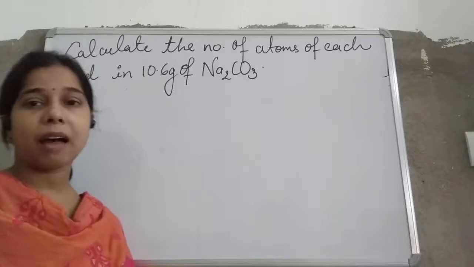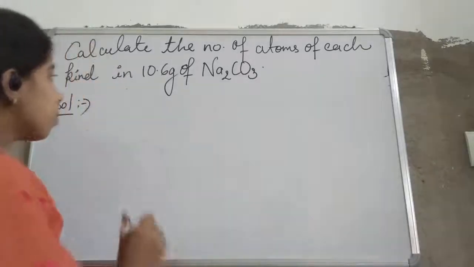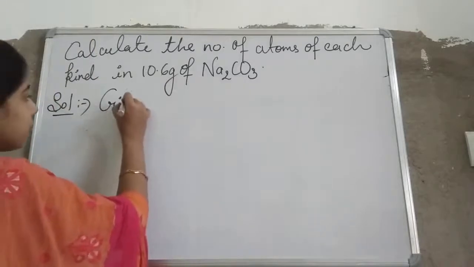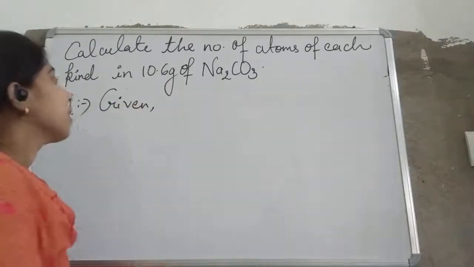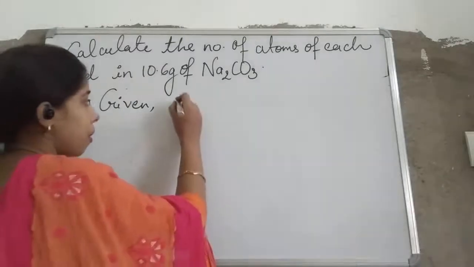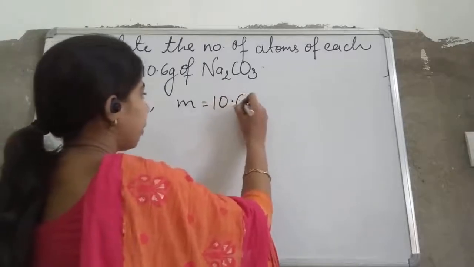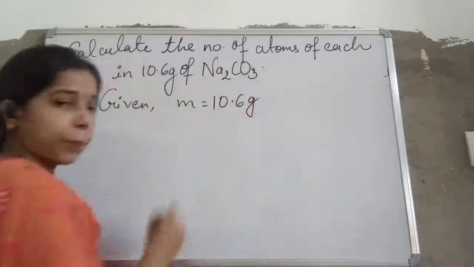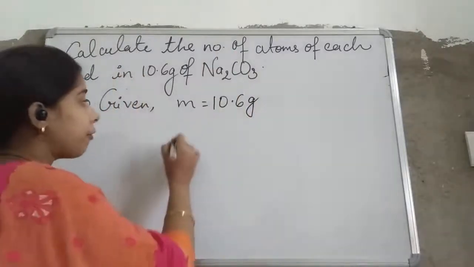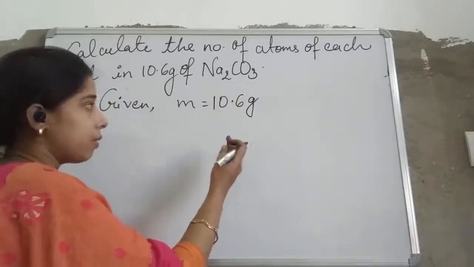So at first we have to find the number of particles of Na2CO3. What is given here, students? 10.6 gram. So the mass is 10.6 gram. What we have to find is the number of particles, students.